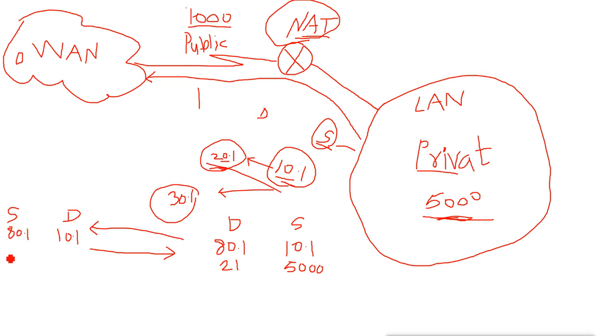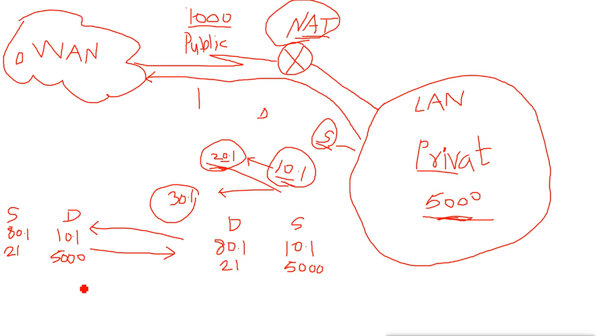And the source port and destination port will also swap: the destination port becomes the source port, and the source port becomes the destination port. This is the normal configuration. This is the normal communication.